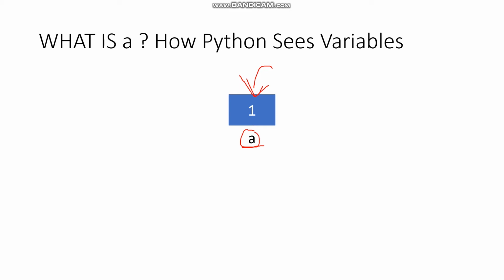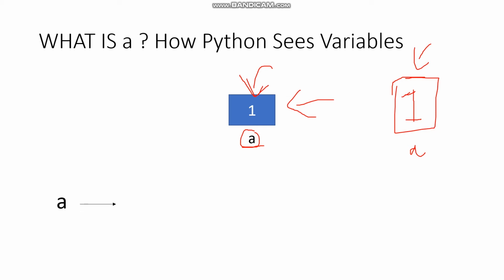I hope you get the meaning of the variable. It's just a box. Consider a box like this, and this box's name is a, and inside that a you're storing the value. Here the example is 1. So that is a variable. A variable is nothing but a memory location to store values.